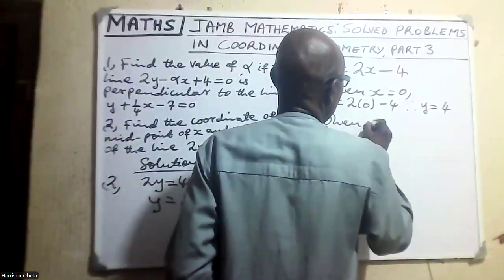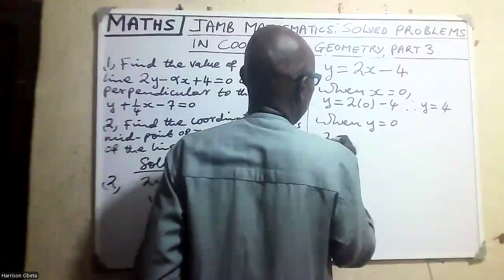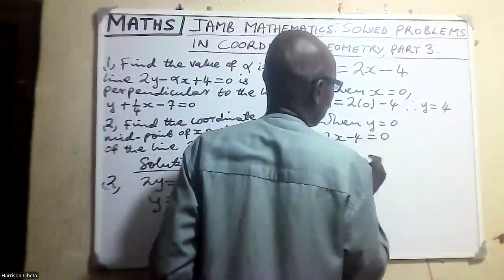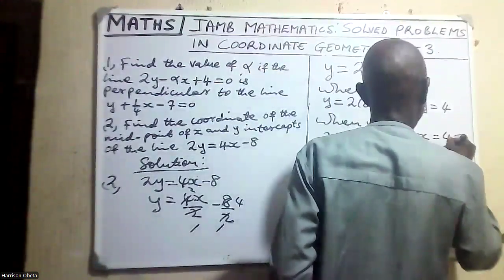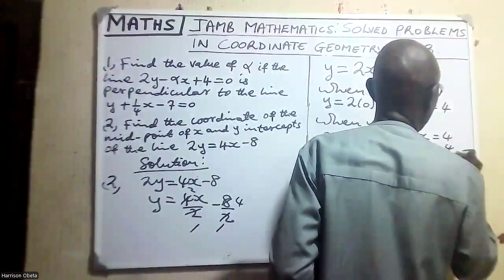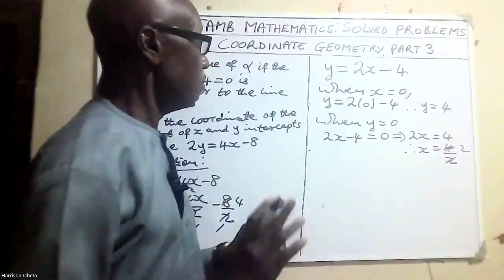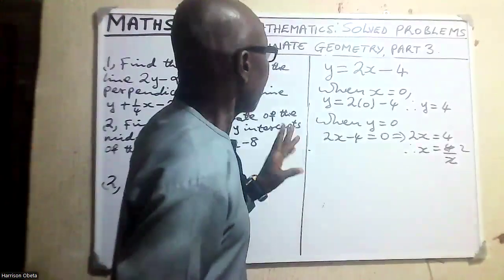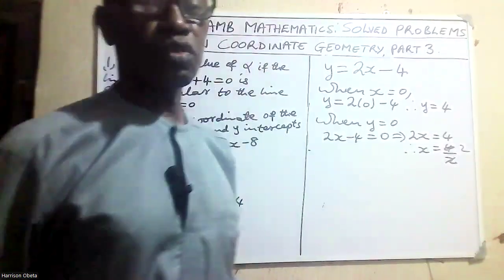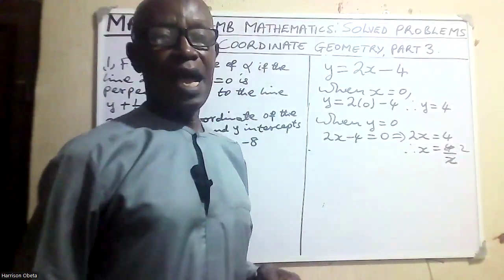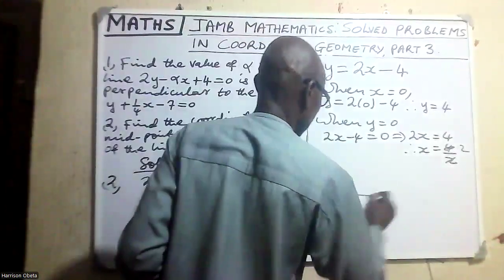When y equal to 0, it means that 2x minus 4 is equal to 0. And that will lead us to 2x equal to 4, so that x equal to 4 over 2, which is 2. So we can now write down the coordinates. Remember that the line cuts the y-axis at x equal to 0, and the x-axis at y equal to 0.